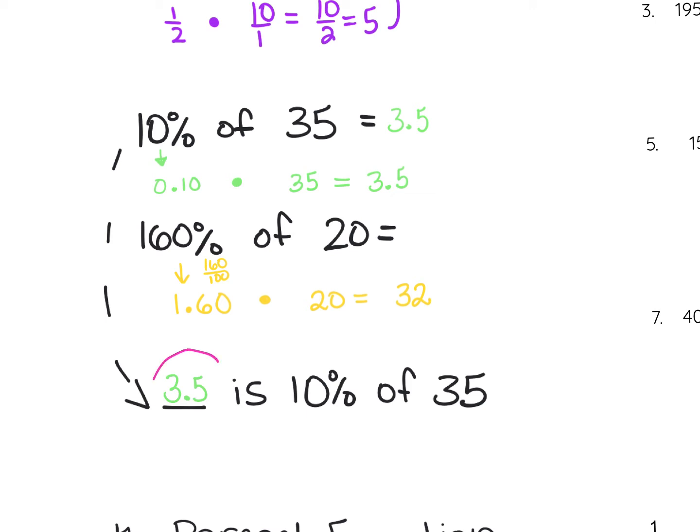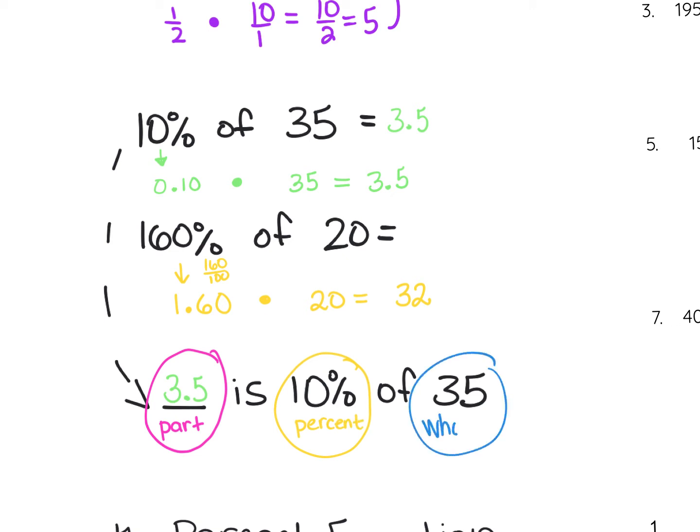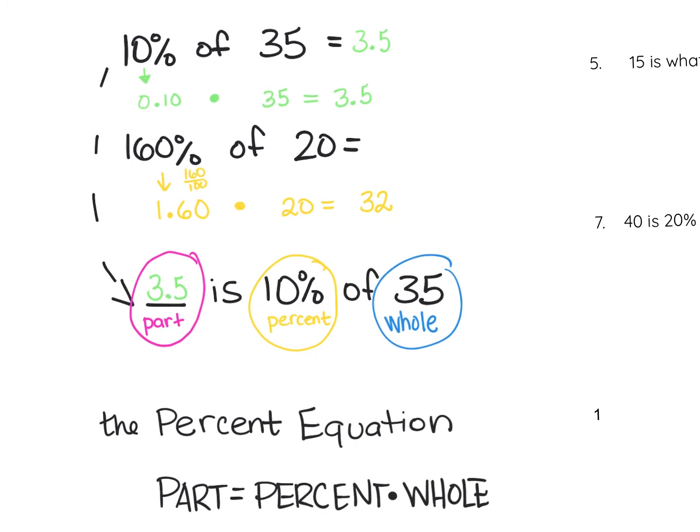My 3.5 right here, this is the part. 10% is obviously the percent. And then 35 is the whole thing. So 3.5 is part of 35. It happens to be 10% of that.